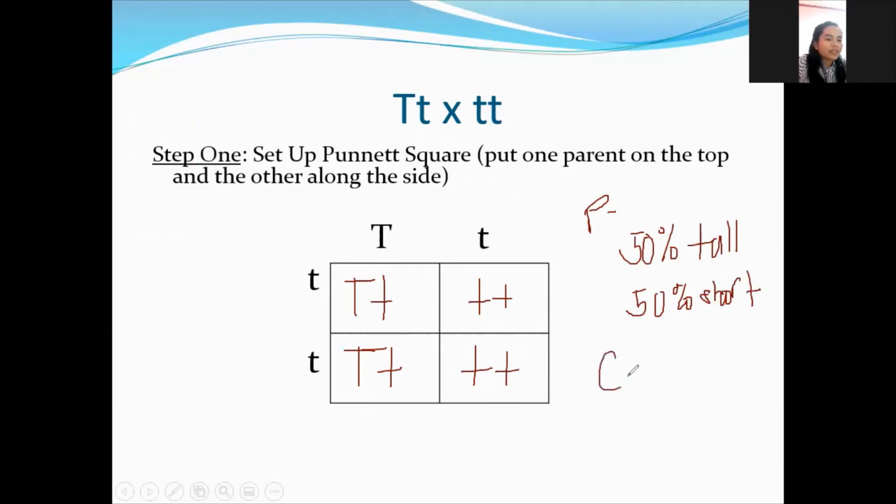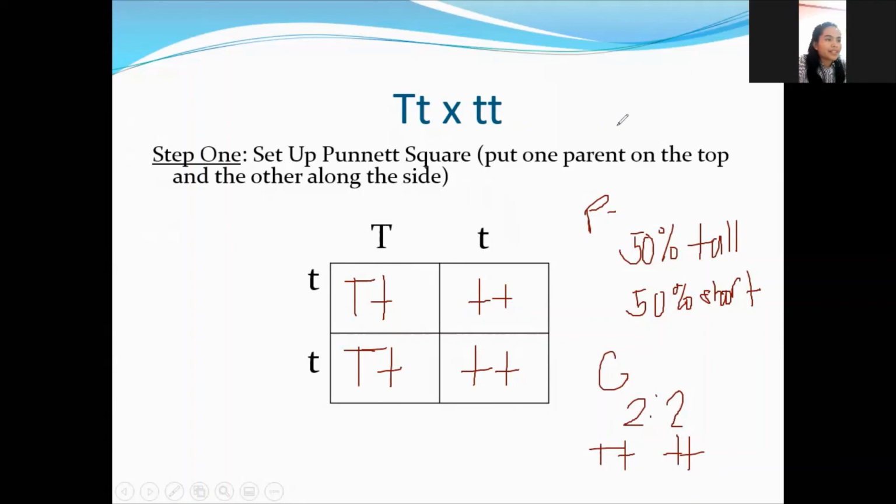Because if we look at the genotype, it means 2:2. Why 2:2? If we put here the genetic makeup, that's big letter T, small letter t, and 2 small letter t, or 2 heterozygous and 2 homozygous recessive.